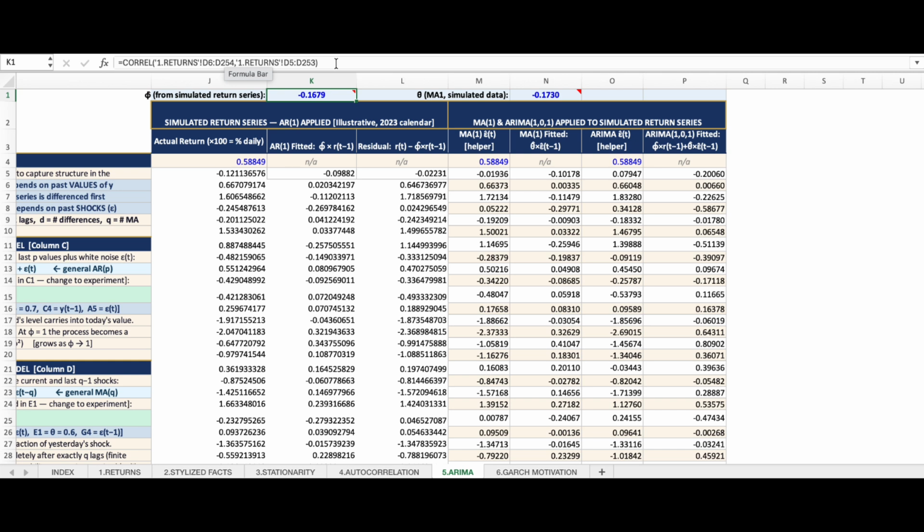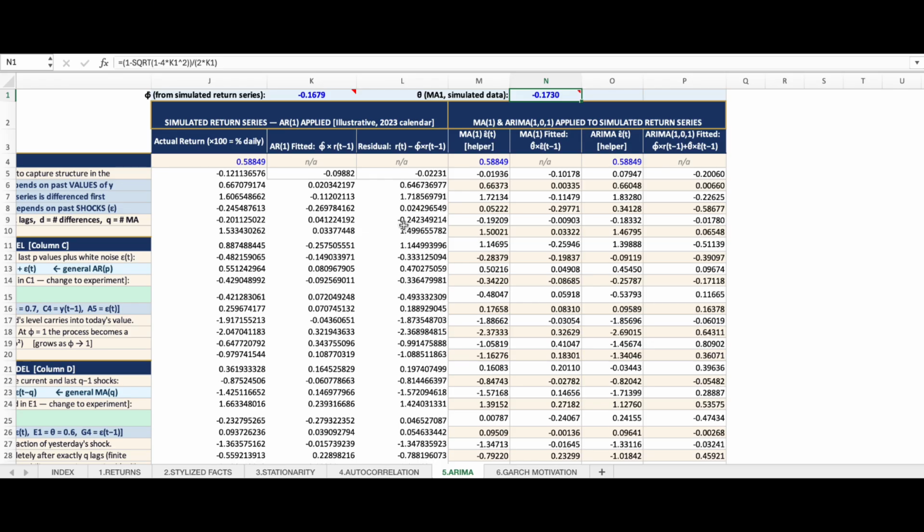The MA coefficient theta hat is approximately minus 0.173, and that comes from a moment condition that inverts the lag 1 autocorrelation using the formula theta equals 1 minus the square root of 1 minus 4 times rho 1 squared, all divided by 2 times rho 1. And we apply this directly in Excel. And again, there are a lot of ways to compute these approximated values.